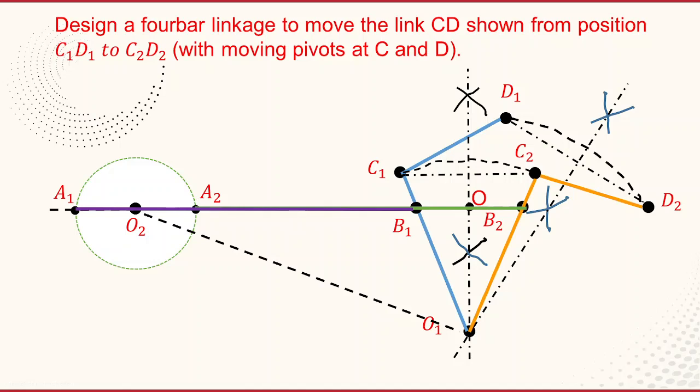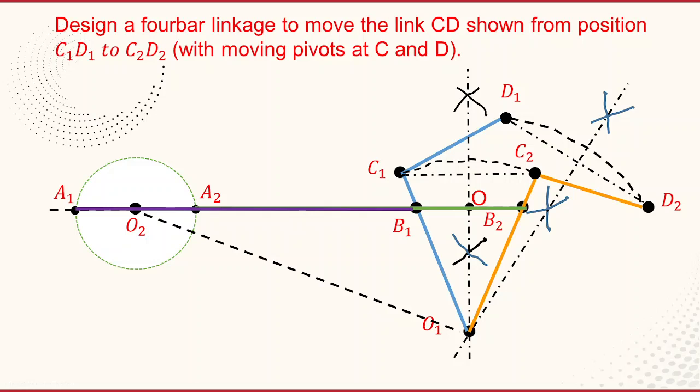With the crank at A1, the link is in the O1 B1 C1 D1 position. With the crank at A2, it is in the O1 B2 C2 D2 position. These are the two extreme positions. The crank is moving from A1 to A2.